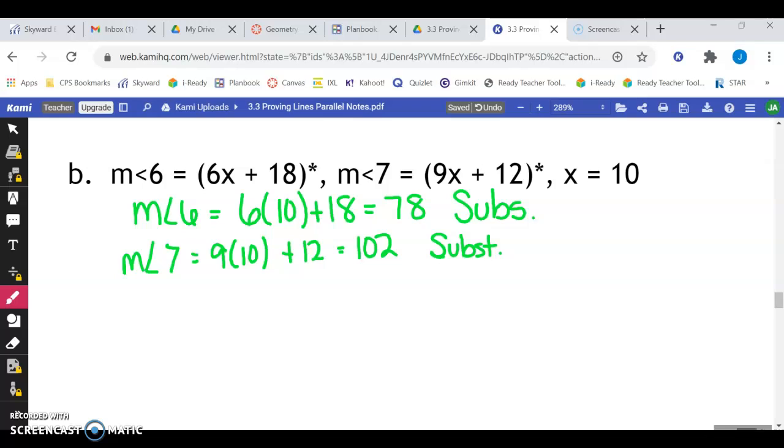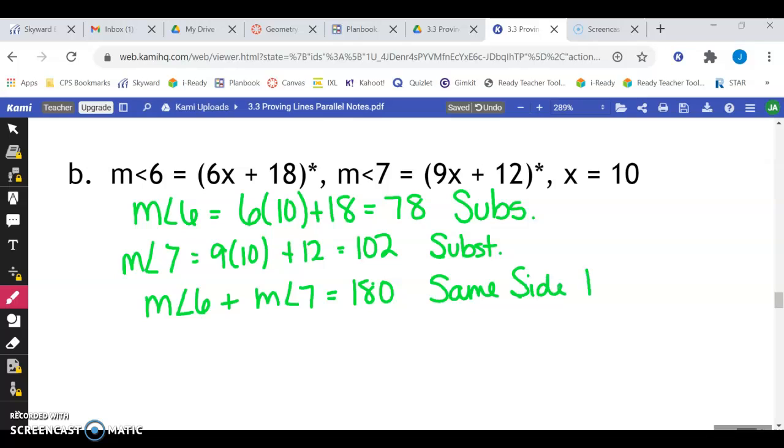And then if we look at those two angles, if I added the measure of angle 6 plus the measure of angle 7, I would get 180. And that's because they are same side interior angles.